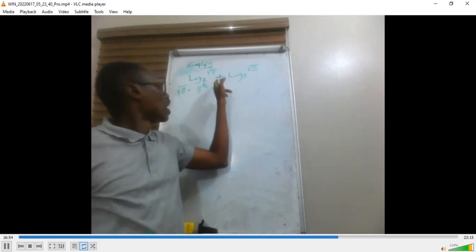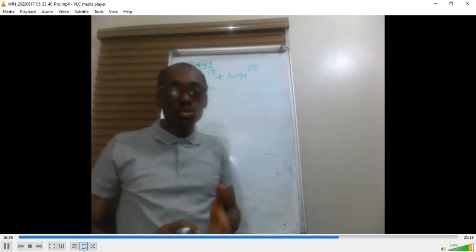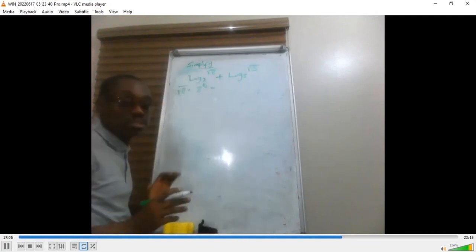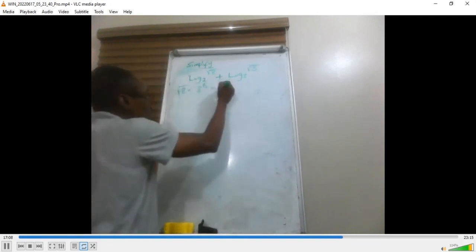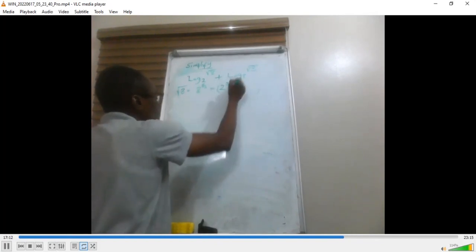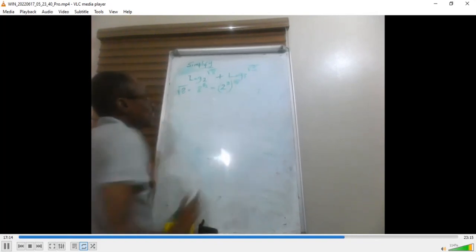Okay, and 8 is 2 times 2 times 2. 3 2's multiplied together, which is the same thing as 2 raised to power 3. So we're going to replace this 8 with 2 raised to power 3. So we have power half outside.